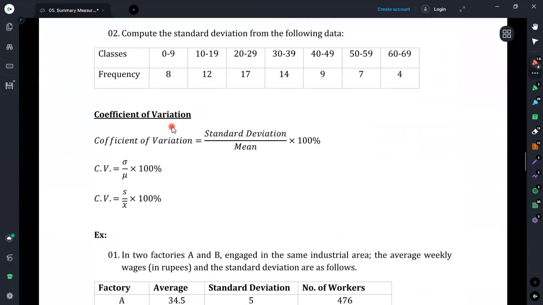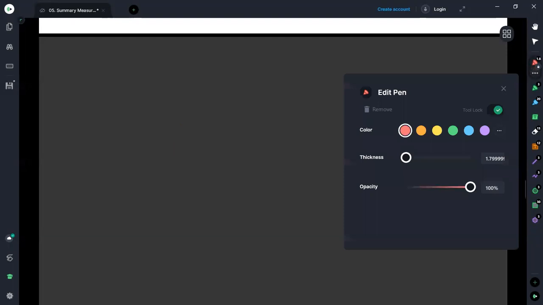For the variance, S squared is obtained as the summation of (x minus x bar) squared divided by n minus 1, and the standard deviation is obtained as the square root of the summation of (x minus x bar) squared divided by n minus 1.